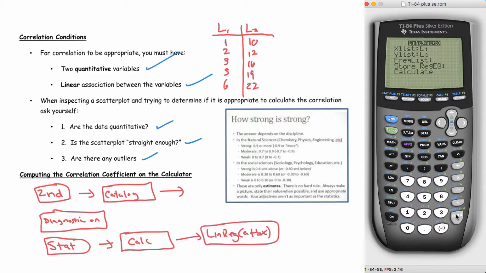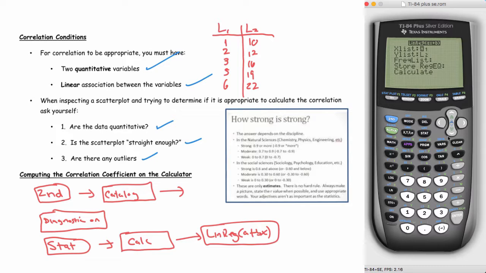Now when you do that, it's going to depend on the calculator you have. Mine requests an X list and a Y list. You do want to make sure that L1 and L2 are your X list and Y list. Otherwise, you'd have to list them with a comma, so you'd put L1, comma L2.